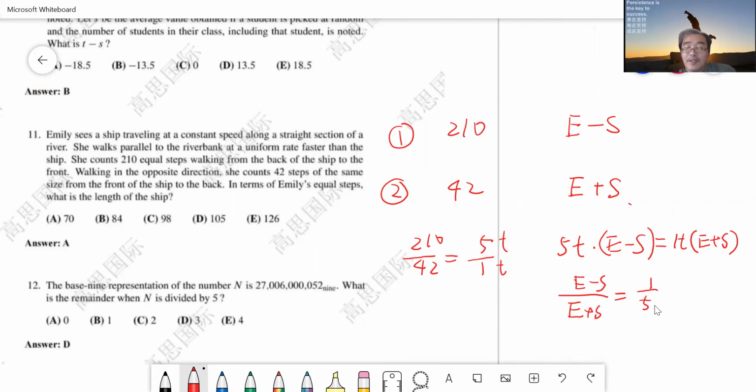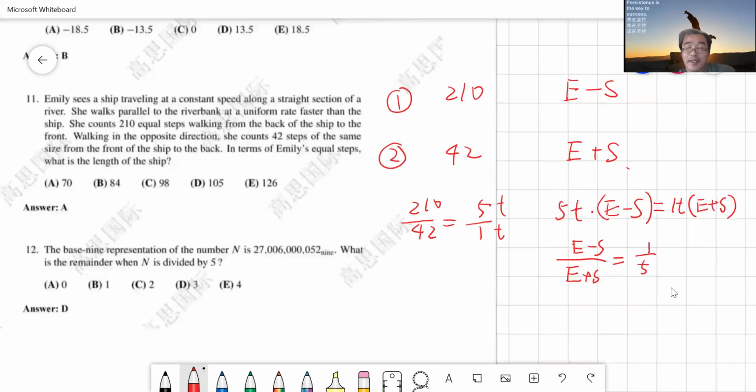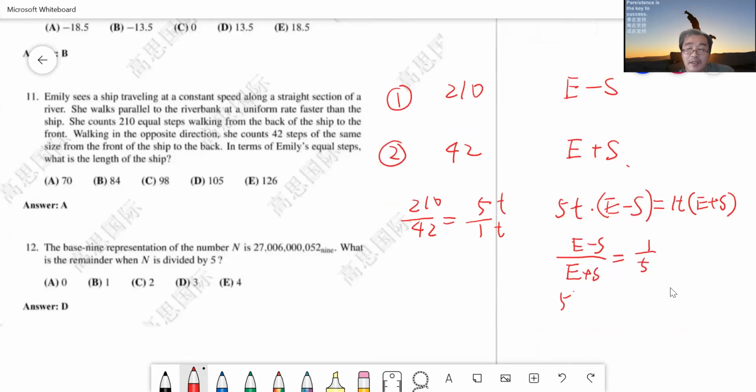Okay, so with this we can easily solve for the ratio of E and S. So we multiply, we get 5E minus 5S equals E plus S. Then we find 4E equals 6S. We find E over S equals 3 over 2. Right. So if Emily's speed is 3, then the ship's speed is going to be 2. Their ratio is 3 to 2.